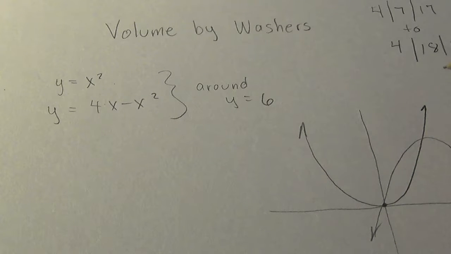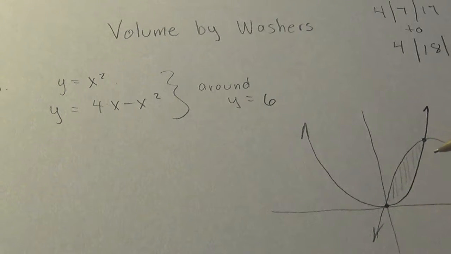We are looking at the area enclosed by these two graphs, revolved around y equals 6, so it would be helpful to know what that point was. And this point I can see is 0, 0.